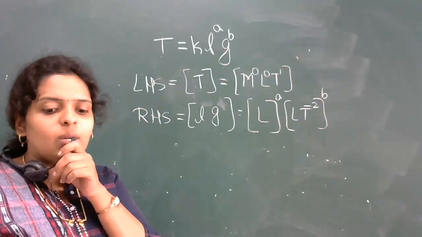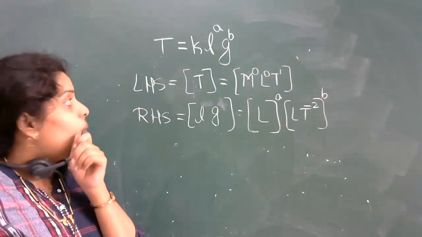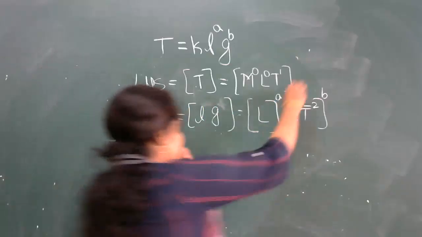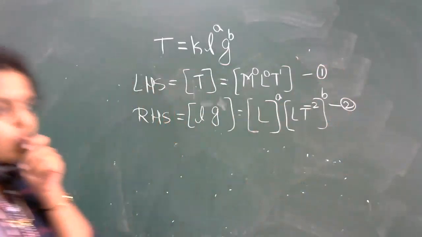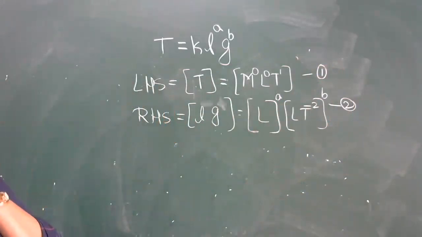Therefore, now you can equate your equations 1 and 2, or you can say you are equating the LHS and RHS terms. If you equate the LHS and RHS terms for A, B and C, see what you will get.